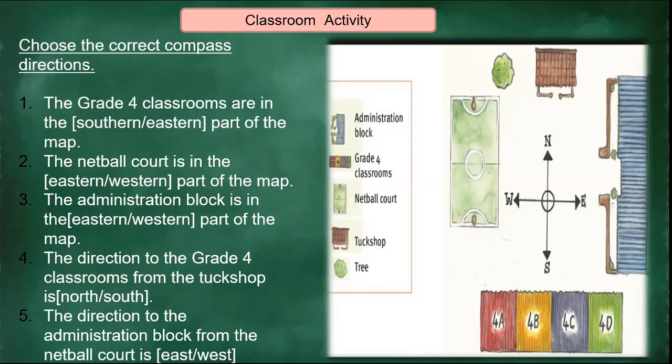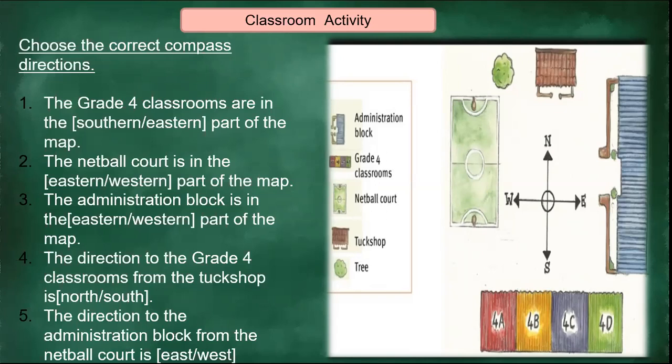Okay, I'm going to read it. The direction to the administration block from the netball court is east or west? It is east, right? Thank you very much, Minenhle.